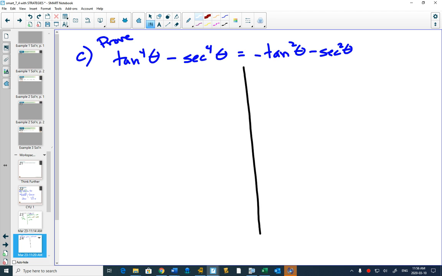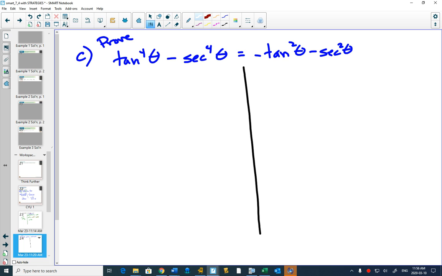Now, my formula for tan squared theta plus 1 equals secant squared theta works if I have squareds, which I have on the right-hand side. I don't have things that are squared on the left-hand side. Well, square rooting aside changes what it equals to, and you're not allowed to square root both sides because then you're working on both sides of the equation, which isn't allowed in a proof.